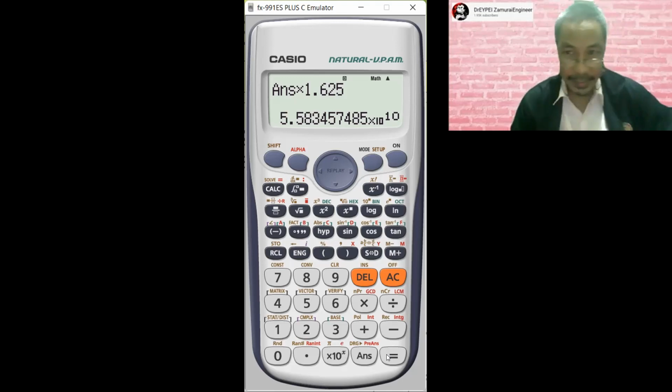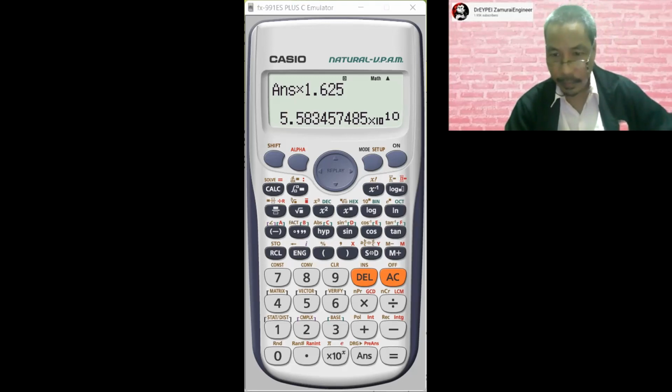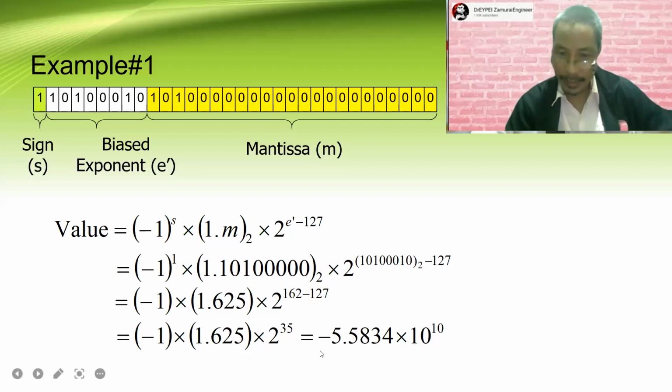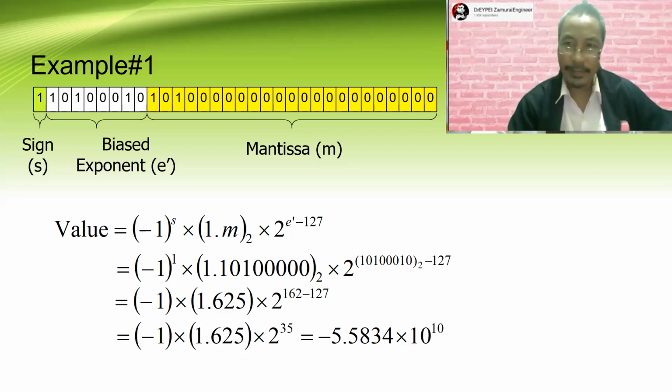Please write it down. Okay, I will go back to our example. So that is the right answer, 5.5834 times 10 to the 10. The same.